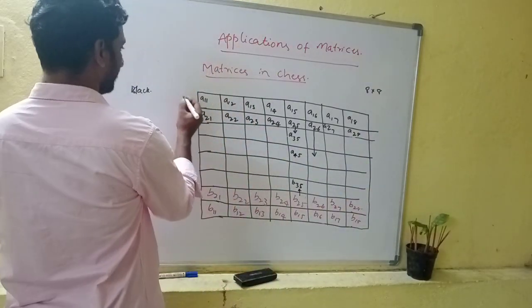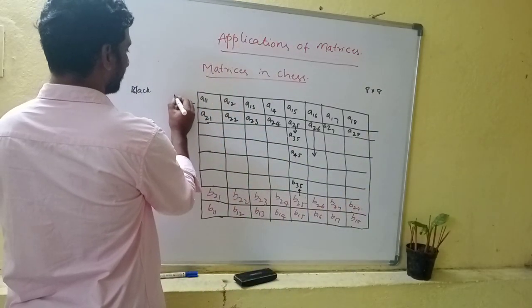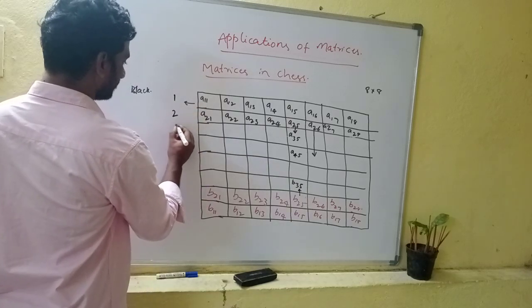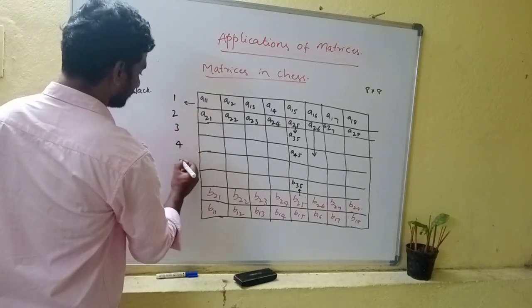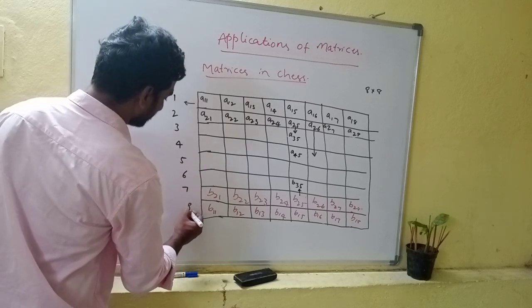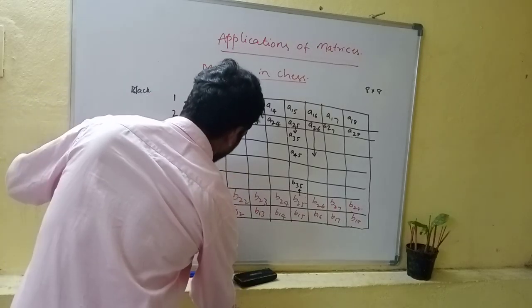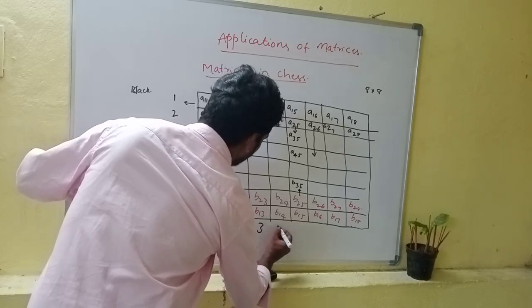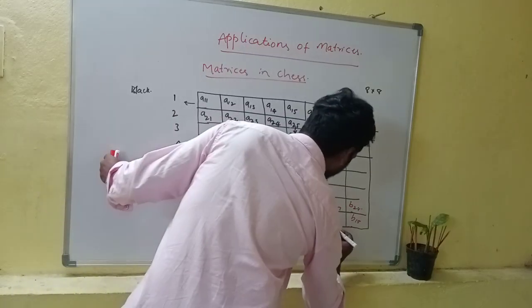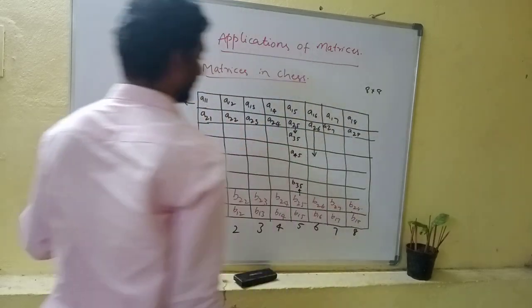So I am taking this side as first column, second column, the second row, third row, fourth row, fifth row, sixth row, seventh row, eighth row. This is first column, second column, third column, fourth column, fifth column, sixth column, seventh column, eighth column.